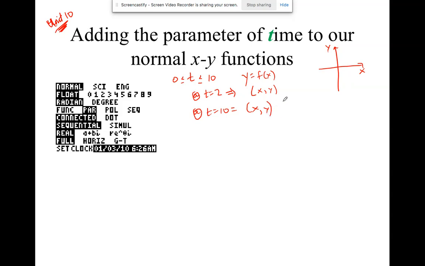I can ask things like, at what time is f of x max or min, or concave up or concave down, but I'm asking you at what time those occur. I can ask you what is y prime at a certain time, right?